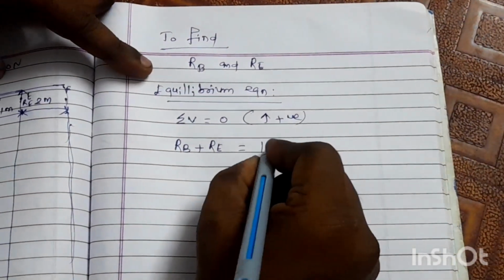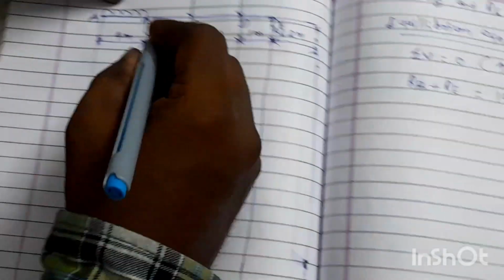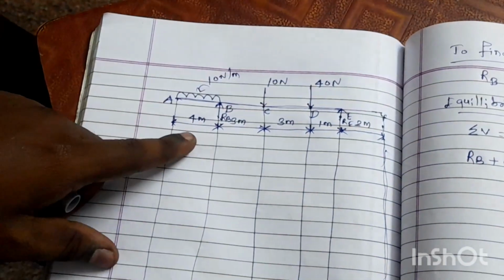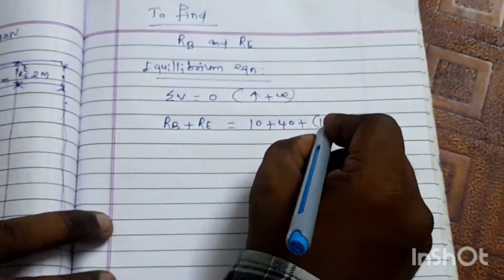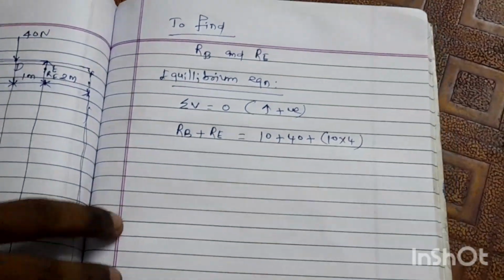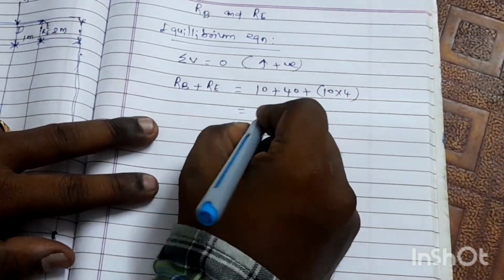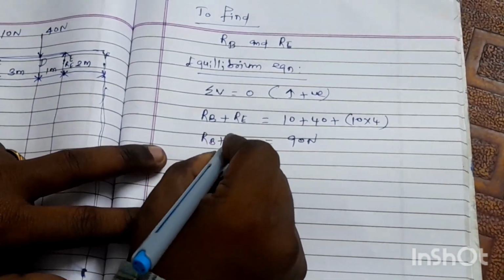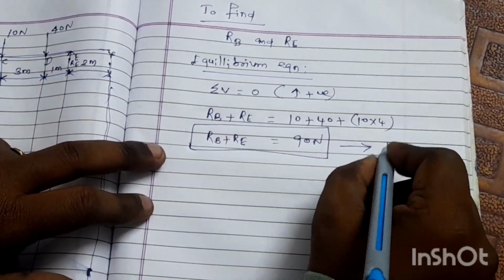Total load is 10 Newton plus 40 Newton plus the load due to this UDL. The UDL is 10 Newton per meter, let's take for the span of 4 meter, so 10 into 4. Totally we have 10 plus 40, 50, plus 40, 90. The total load is 90 Newton, so RB plus RE equals 90. This is taken as the first equation.